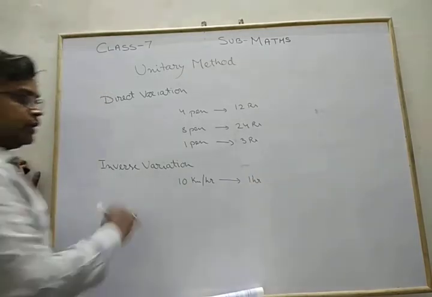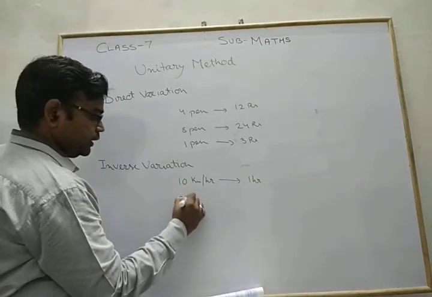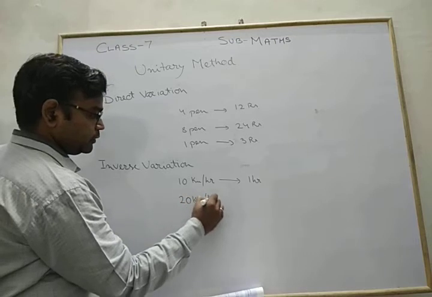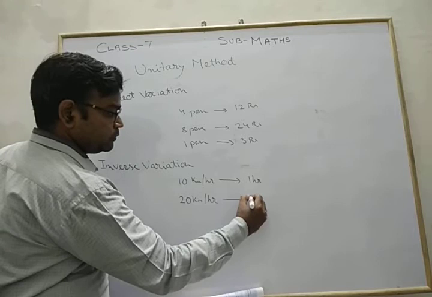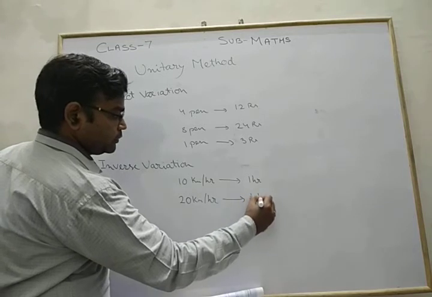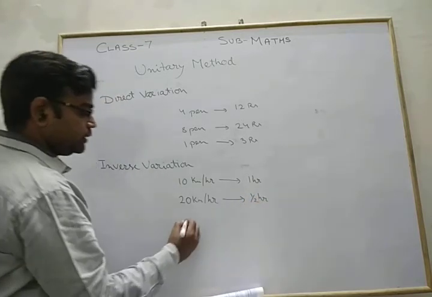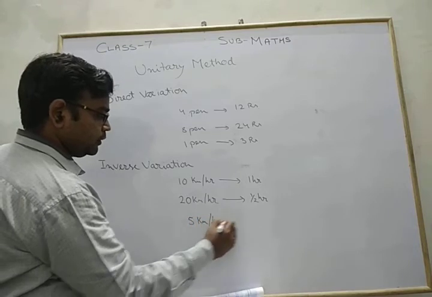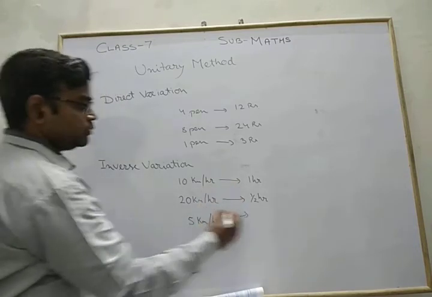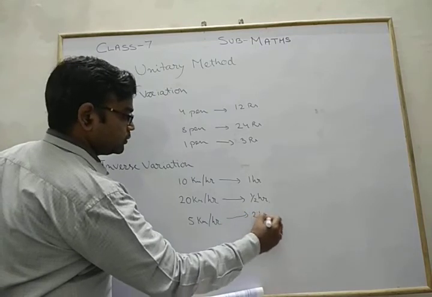Now if we increase the speed to 20 km per hour, what happens? Time is decreased, it's half an hour. If we decrease the speed to 5 km per hour, then the time must be increased to 2 hours.